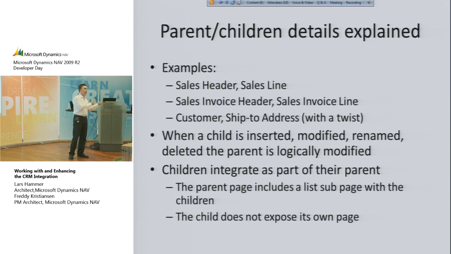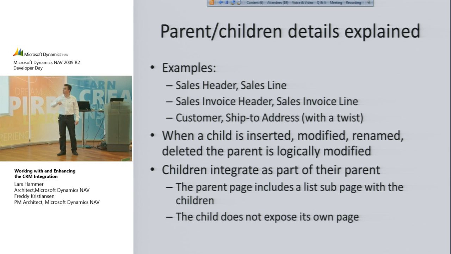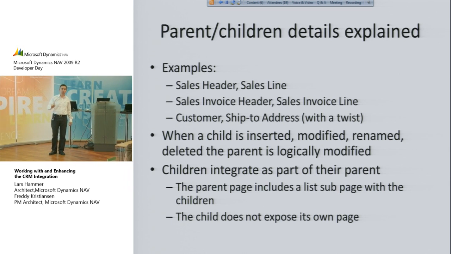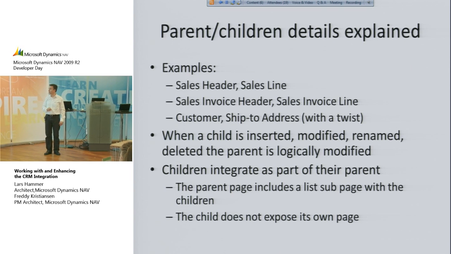But if you go look at the integration record table, the timestamp for the header needs to be updated there to reflect that the order as a whole has actually changed. So that's one thing. And that goes whether it's inserted, modified, renamed, or deleted. So that's part of what goes on down in those triggers.